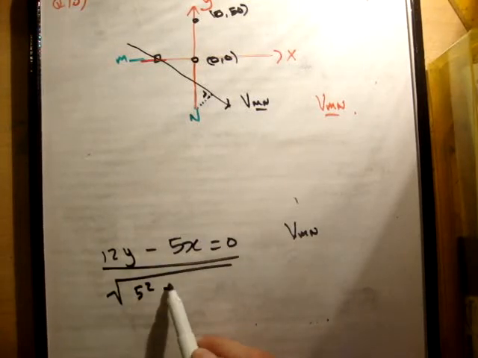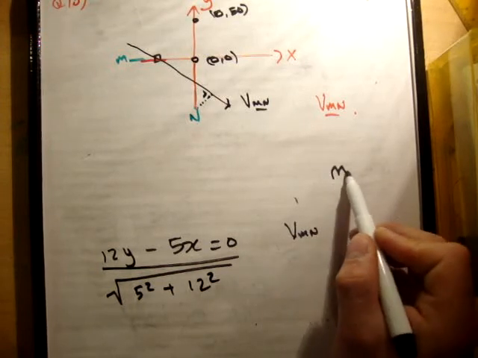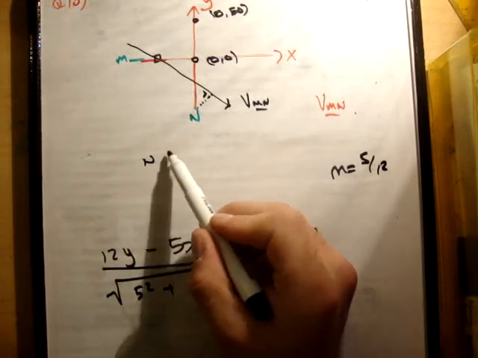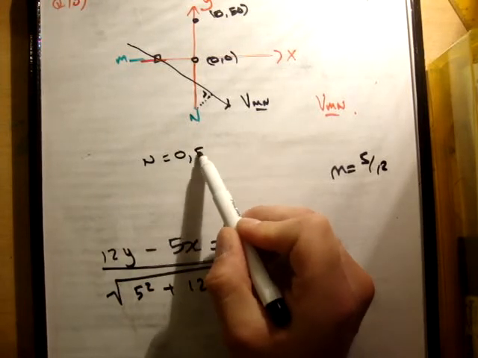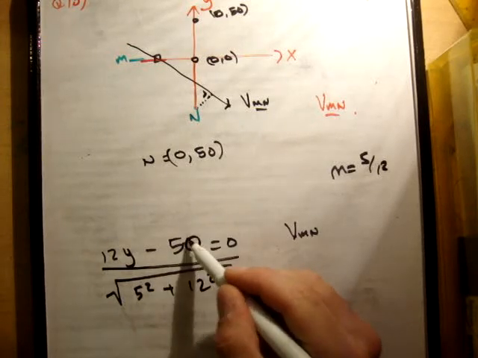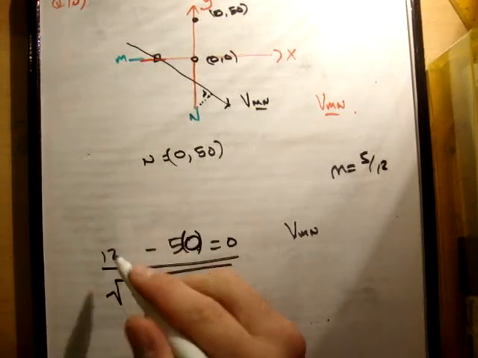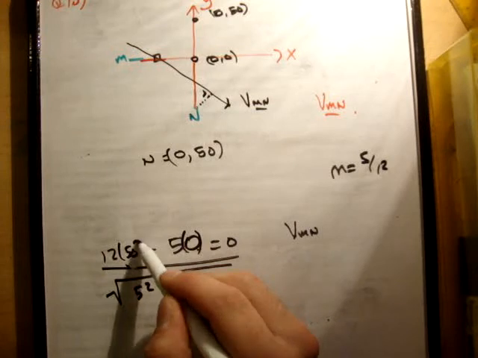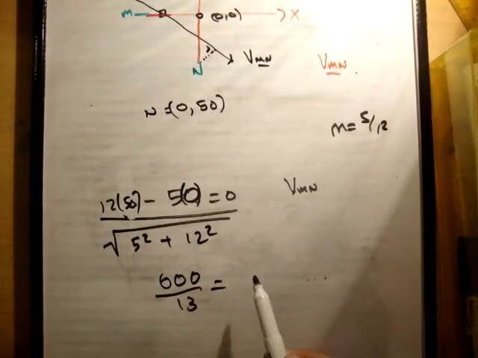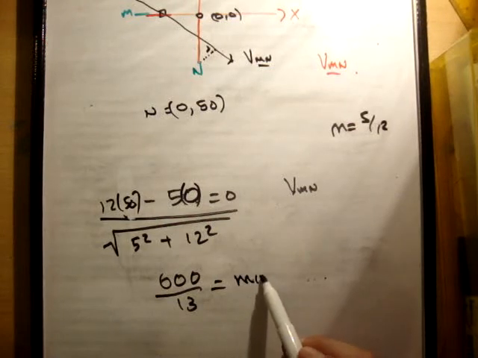That was 5 squared plus 12 squared, because the slope was equal to 5 over 12. Now, what point are we going to plug in? Where do we know n is? Well, we know that at some stage n is at the point 0, 50. That's the only thing we know. So if we plug this in here, we should get our answer. So x was equal to 0, and y was equal to 50. So what you're going to get is 600 over 13, and that's going to be equal to the minimum distance.